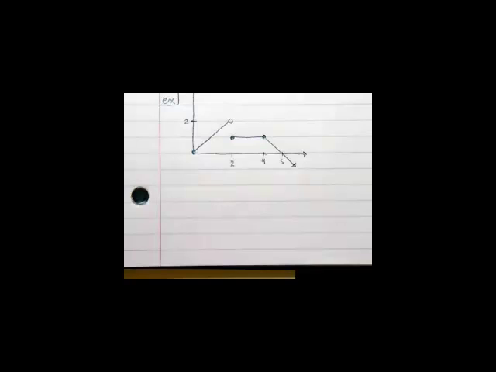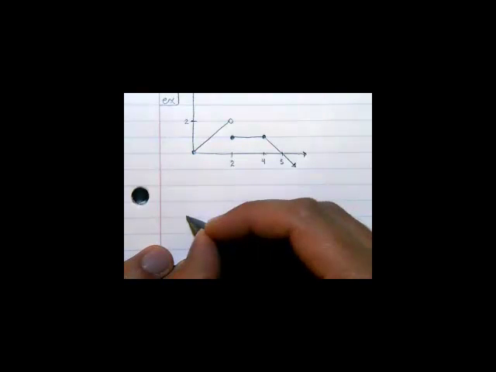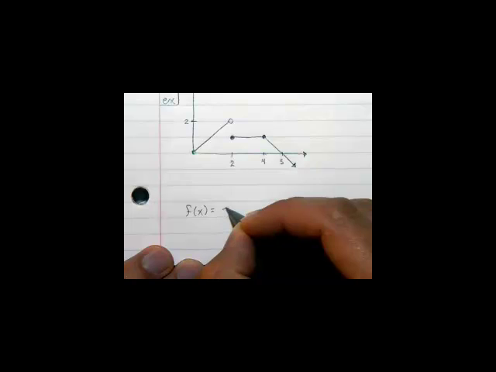So, first things first, how many pieces do we have? 3. So when we write out our equation, we need to make sure we leave room for 3 pieces.